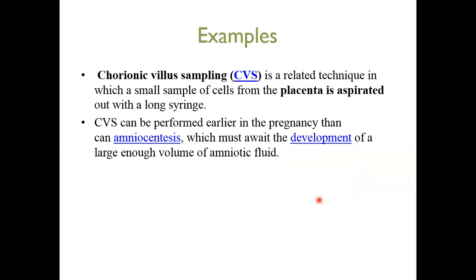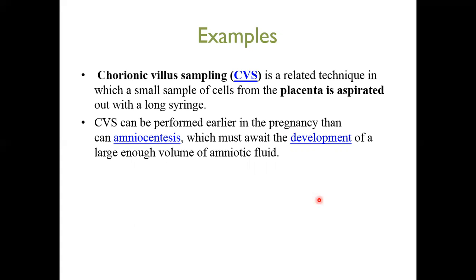For example, chorionic villus sampling (CVS) is a related technique in which a small sample of cells from the placenta is aspirated using a long syringe. CVS can be performed earlier in the pregnancy than amniocentesis, which must await the development of a large enough volume of amniotic fluid.